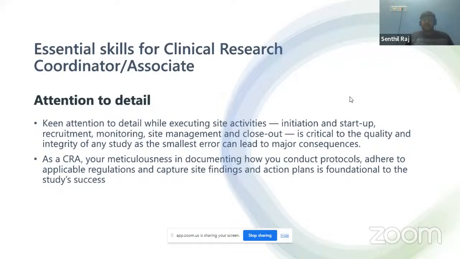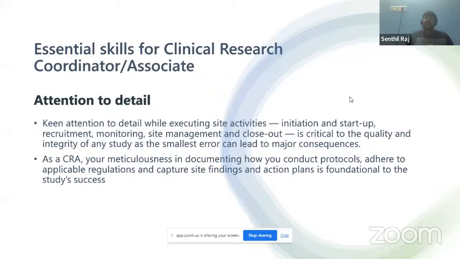So in that case, you have to document the delayed visit: why he is getting delayed and what the reason is for the trial. You also have to work on your action plans, on what can be done to keep that patient observed.